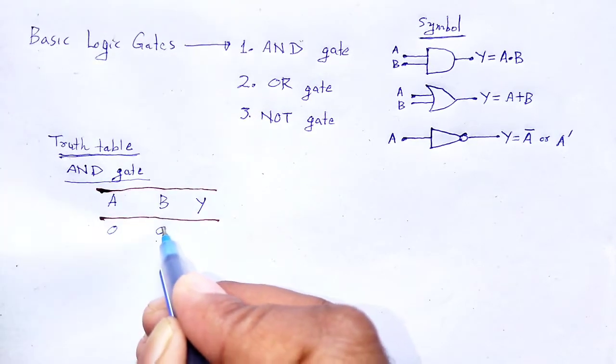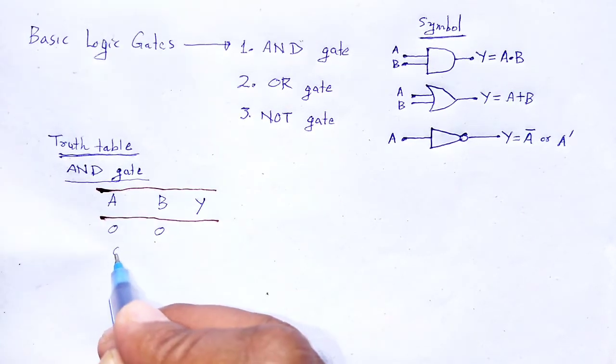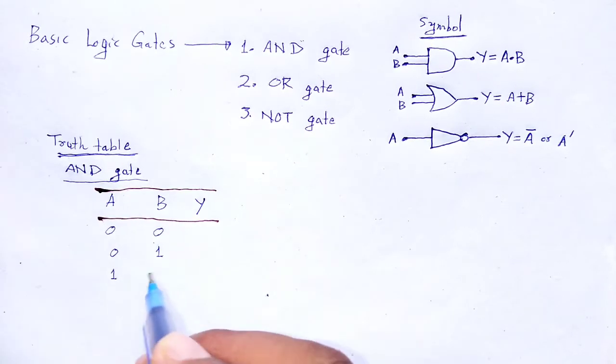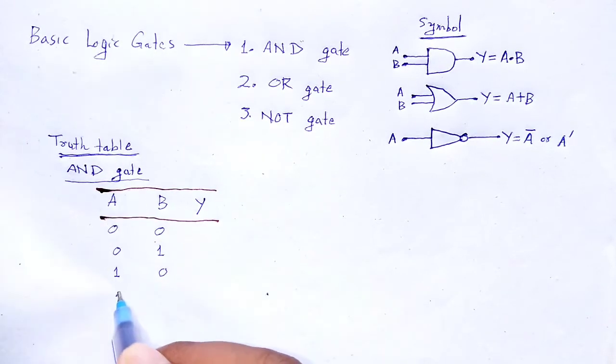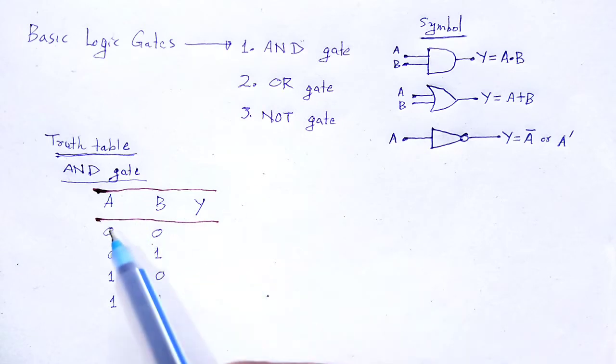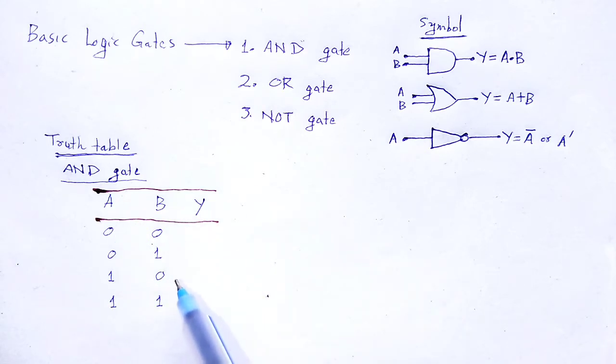Either 0 0, or 0 1, another 1 0, and 1 1. These are the possible inputs of that logic circuit. That logic circuit may contain either diodes or transistors or a combination of diodes and transistors.